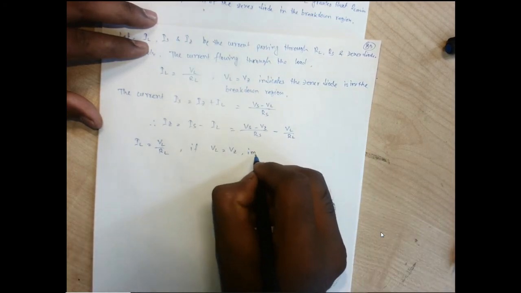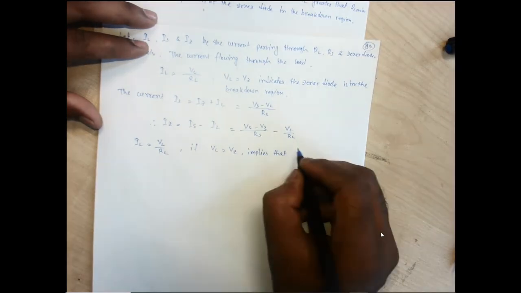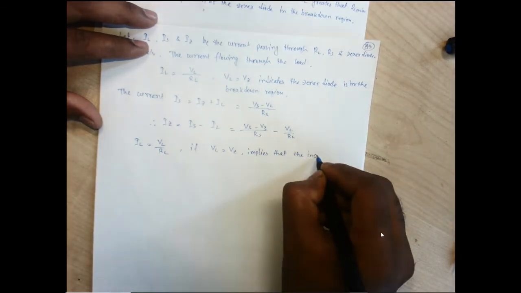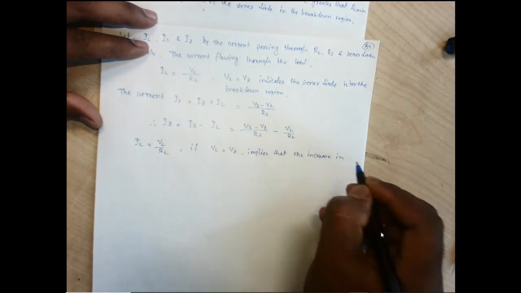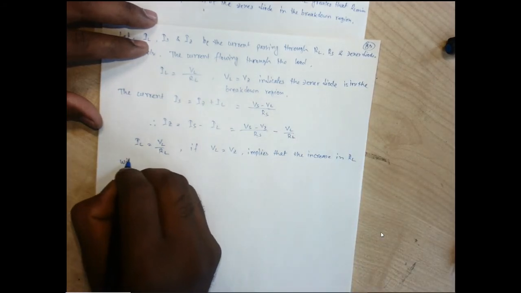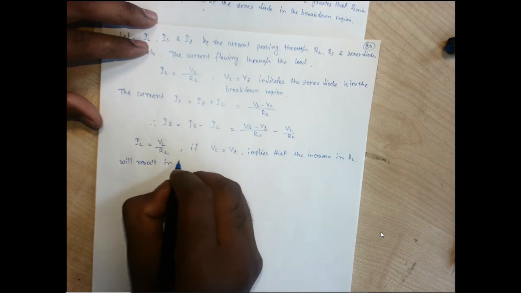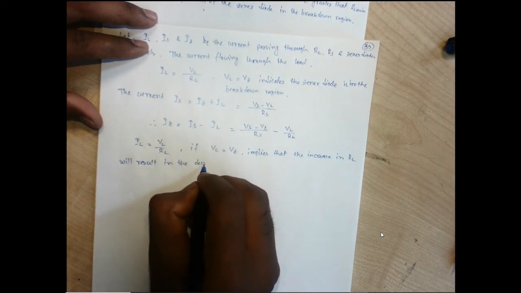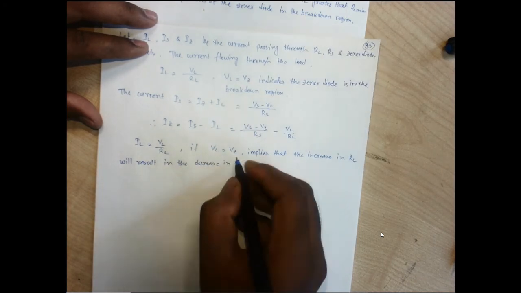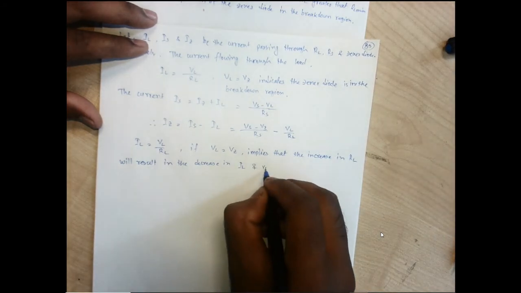This implies that an increase in RL will result in a decrease in IL and vice versa.